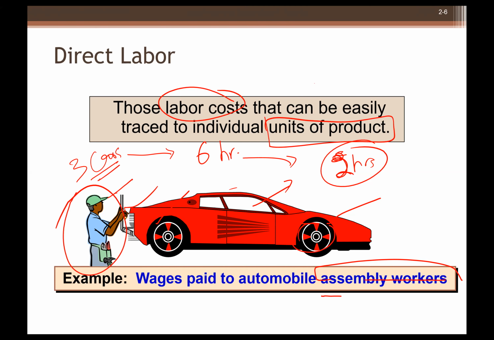And in another example regarding direct labor, in the case of shirt making, what would be the direct labor? We talked about the direct material being fabric, buttons, the collar style. What about the direct labor?